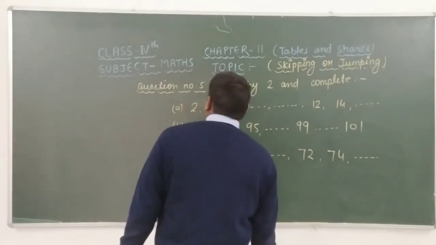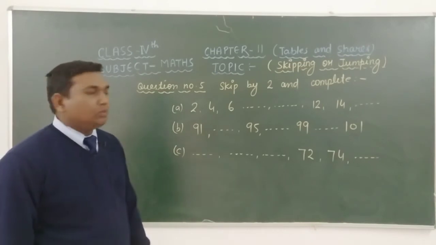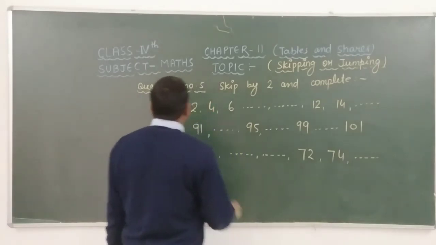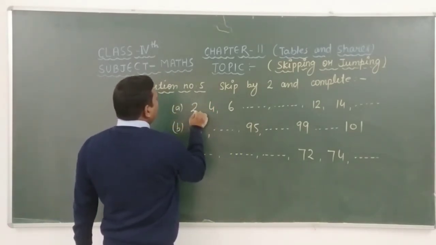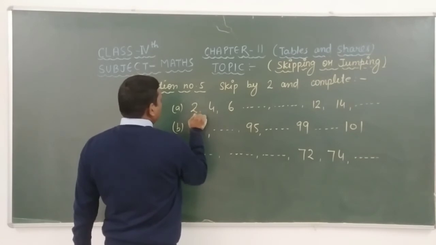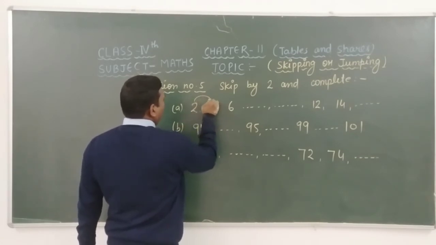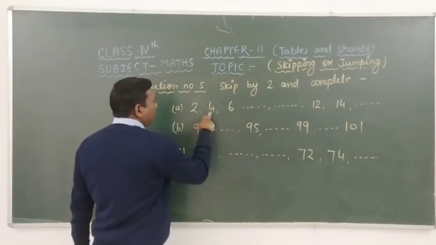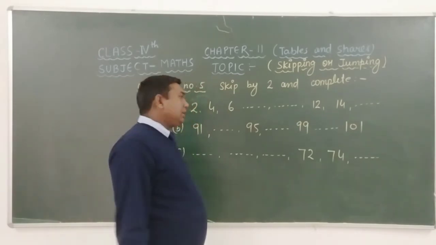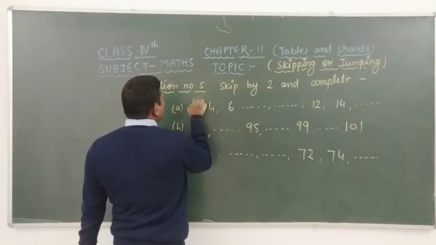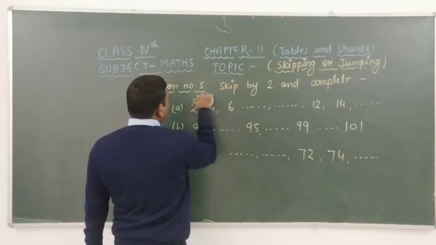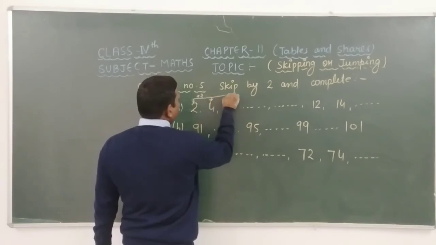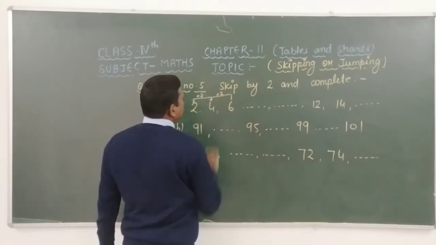Okay students, look here carefully. In this question we have to skip by 2 and complete. If we add 2 to 2, we get 4. It means 2 plus 2 is 4 and 4 plus 2 is 6.